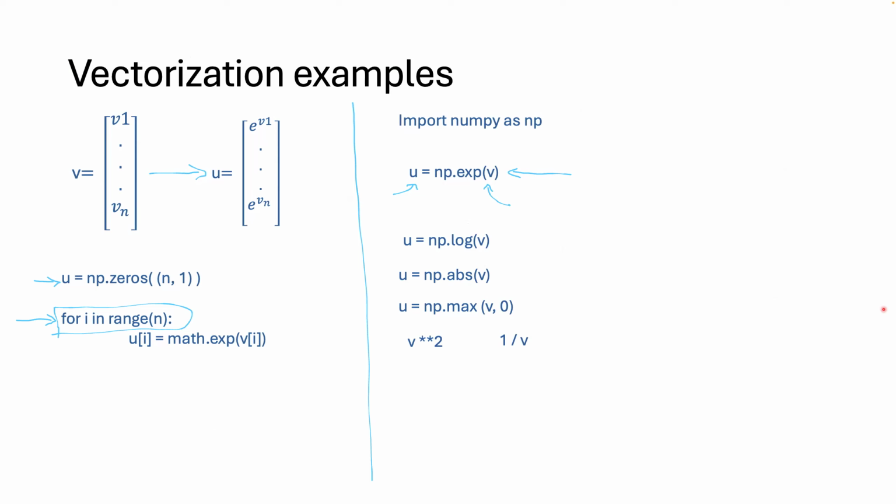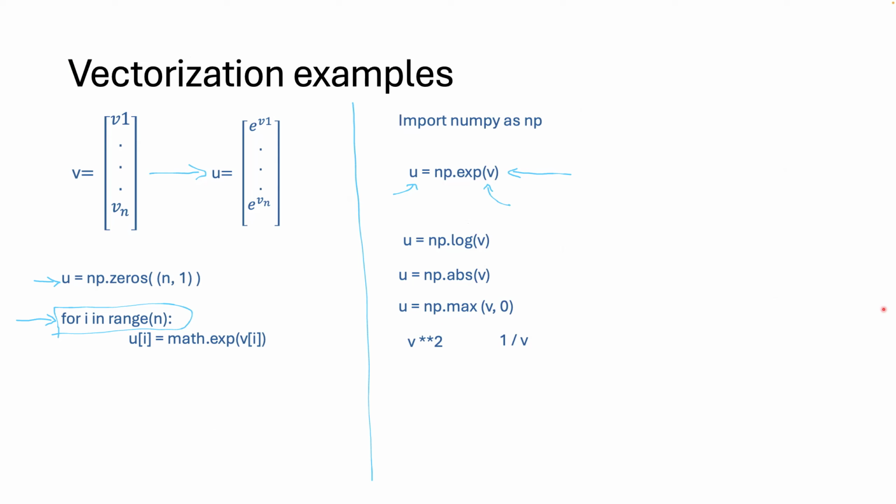What I want you to take away from this is that whenever you want to write a for loop, take a look at the NumPy library and see if there is a way to compute it using built-in functions, so you can do it without any for loop. So let's take all the learnings that we have just gone through and apply them to the logistic regression gradient descent implementation and see what we can get rid of, of the one or two for loops that we had.